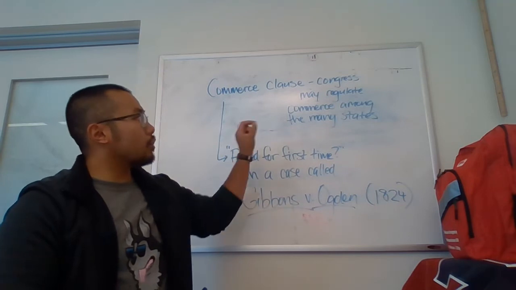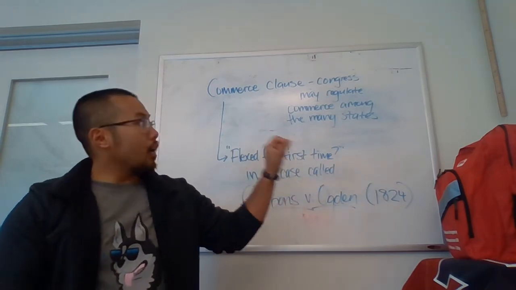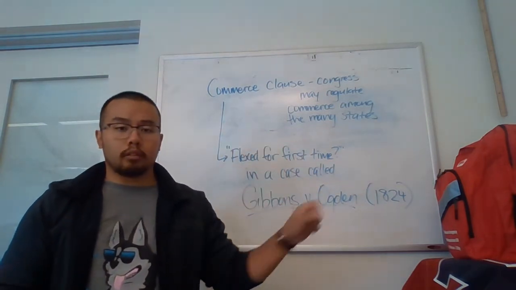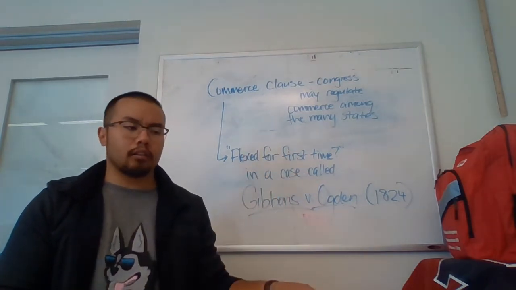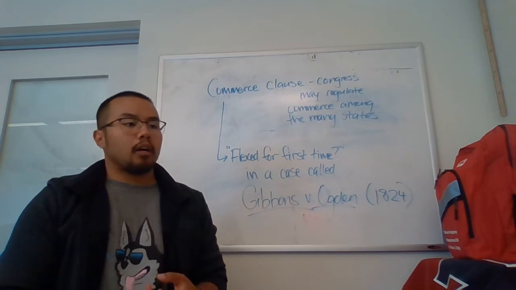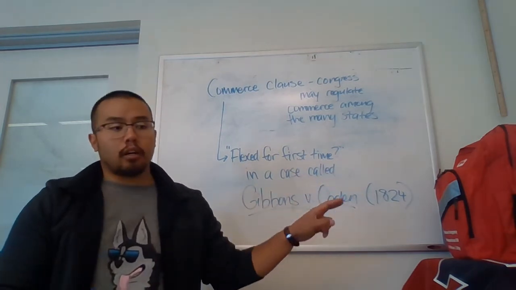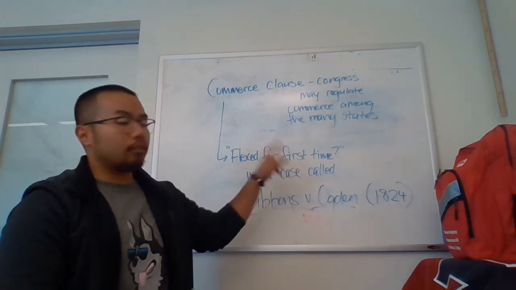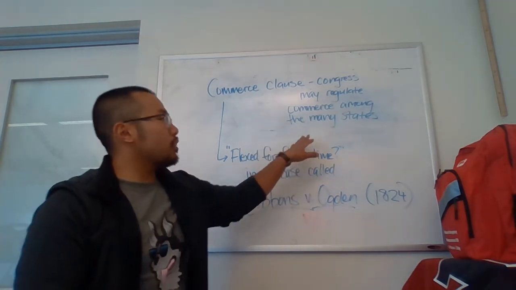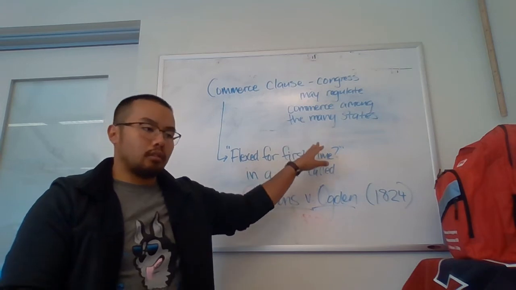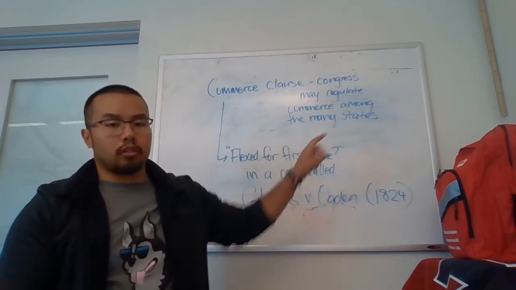It is: Congress may regulate commerce among the several states. I omitted other parts. If you look at the Constitution, it specifically says with foreign nations and among the native tribes. But for the sake of the content assessment, you need to know that it can regulate among the other states, in other words, interstate commerce.